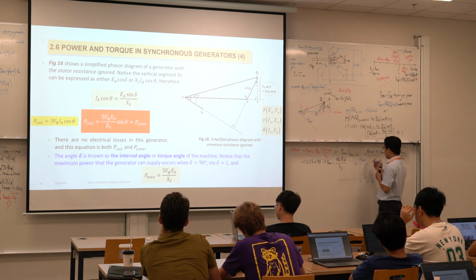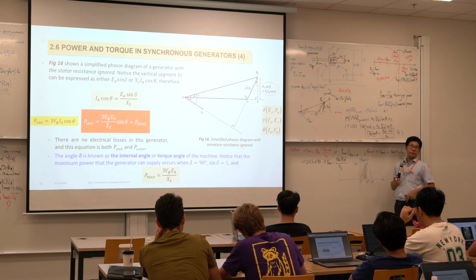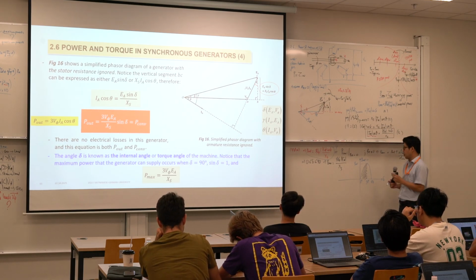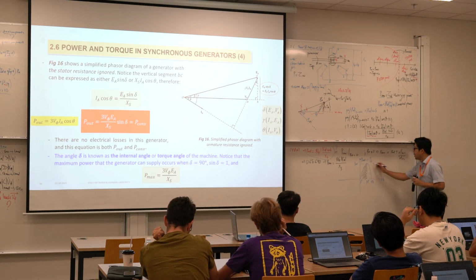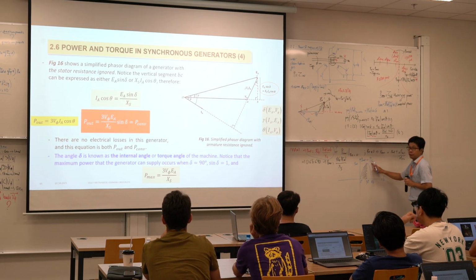This is P out. P out comes from the synchronous generator. So this one is P_G, G meaning generator, the active power. That means the power comes from the synchronous generator.